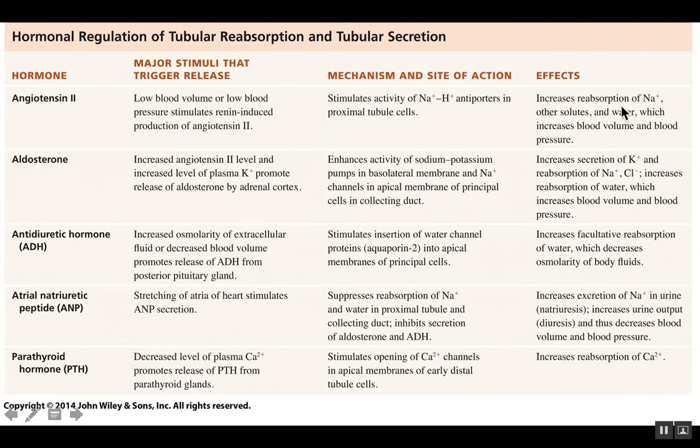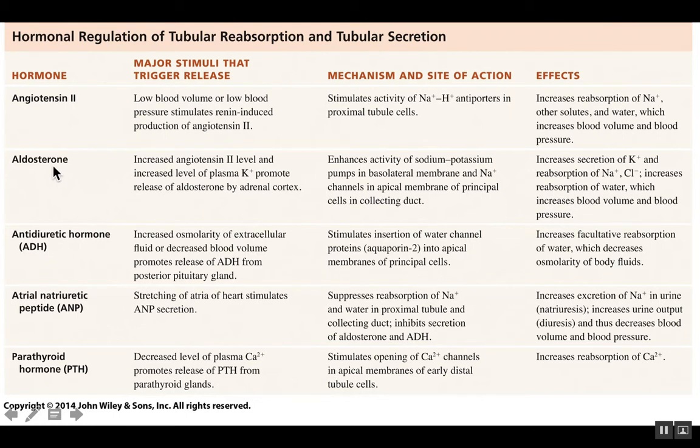Well, it's going to reabsorb sodium, it's going to reabsorb some water, and it's going to decrease blood volume by increasing GFR. So this table doesn't mention that, but we mentioned that previously. Angiotensin 2 is going to decrease filtration rate. And that should help the problem, which is low blood volume.